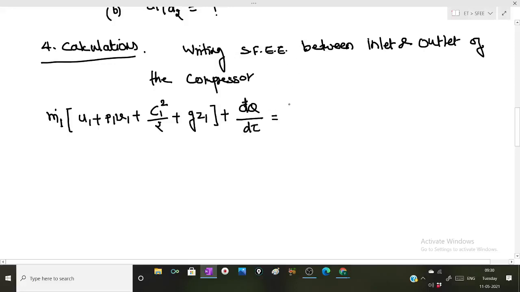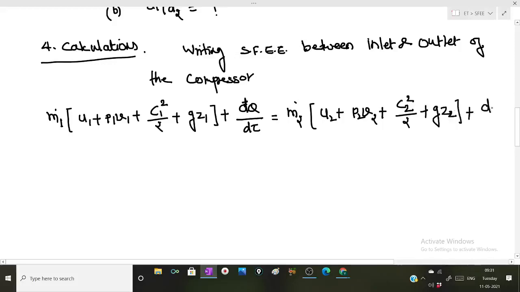This is on the inlet side, and then m2 dot (u2 plus p2 small v2 plus c2 square by 2 plus gz2) plus dw by d tau.